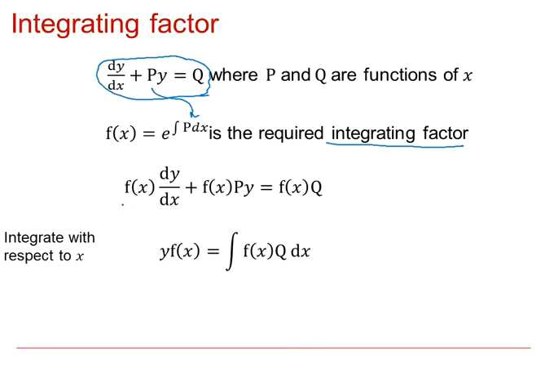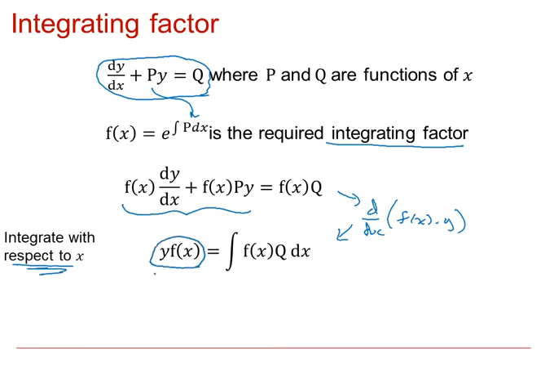Double check that you are happy that the left hand side is the derivative of a product, and then you can write it as the derivative with respect to x of f of x times y, and then you are ready to integrate both sides with respect to x. Notice when you do integrate both sides with respect to x, the left hand side should always be y times your integrating factor f of x. So there's another thing to look out for in the process. That should give us an integral on the right hand side, which we are able to do using appropriate integration techniques.